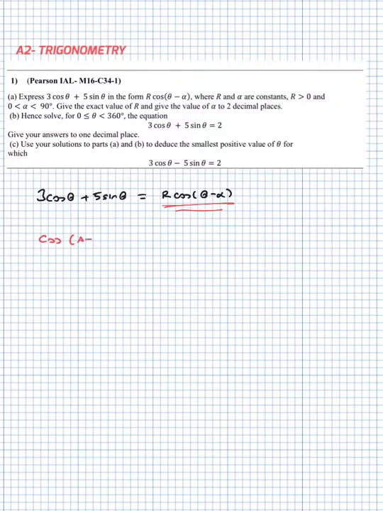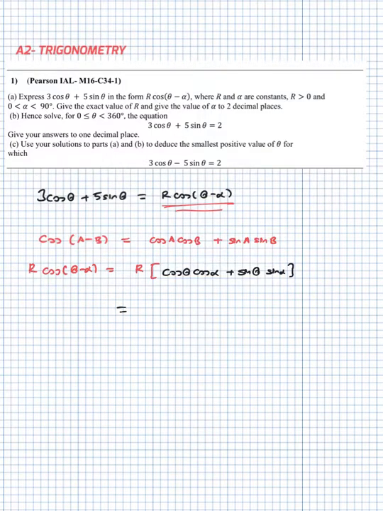So let's recall from the formula booklet what is cosine (A minus B). It will be cosine A cosine B plus sine A sine B. So if I apply this in the expression r cosine (theta minus alpha), let's keep r outside for the time being: r(cosine theta cosine alpha plus sine theta sine alpha), close the bracket.